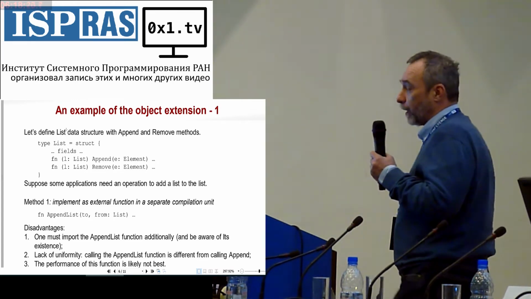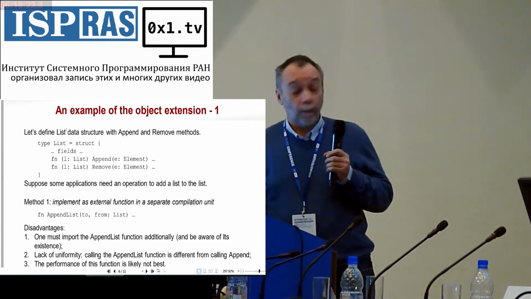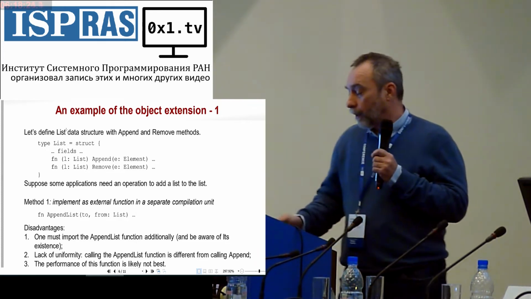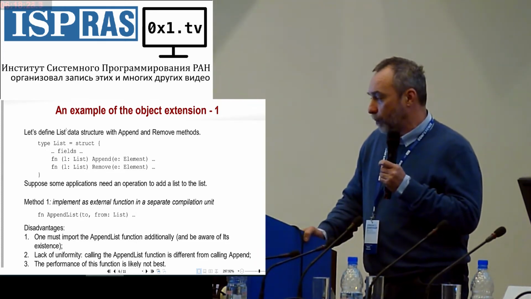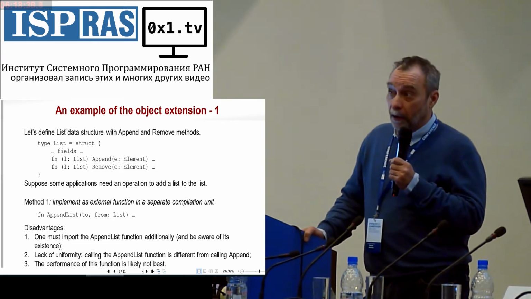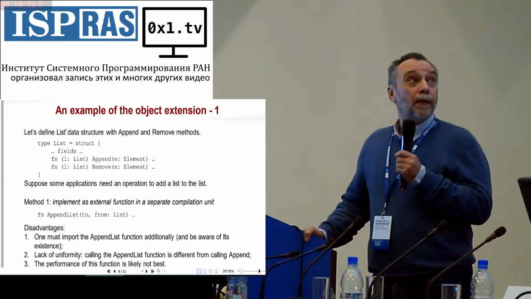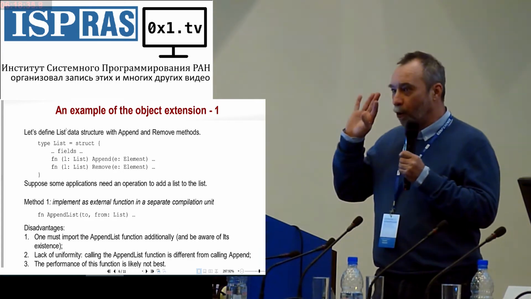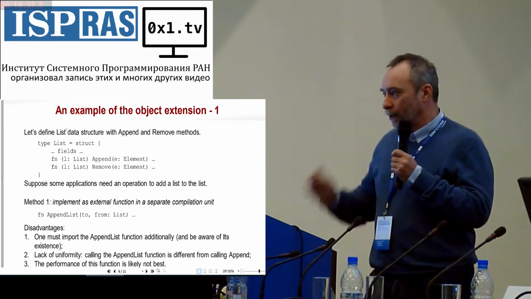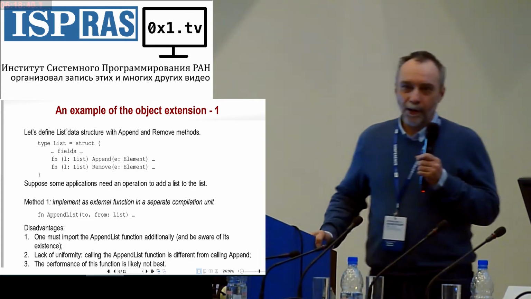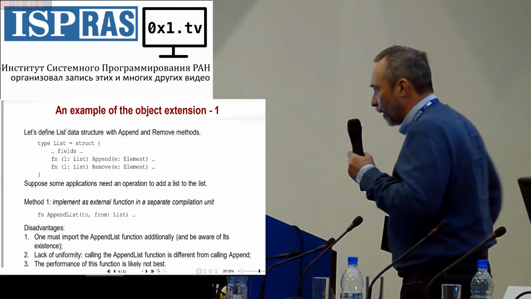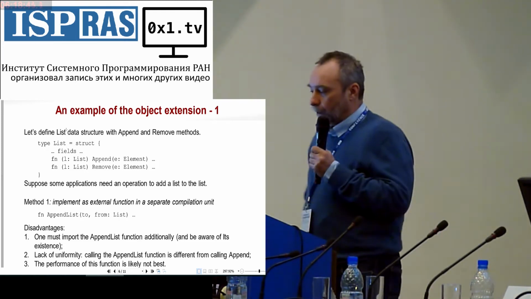I will illustrate it with an example that will clarify our way of thinking. We have a data structure, a list, with append and remove methods. The syntax looks like Go, but still the syntax is clear to everyone.